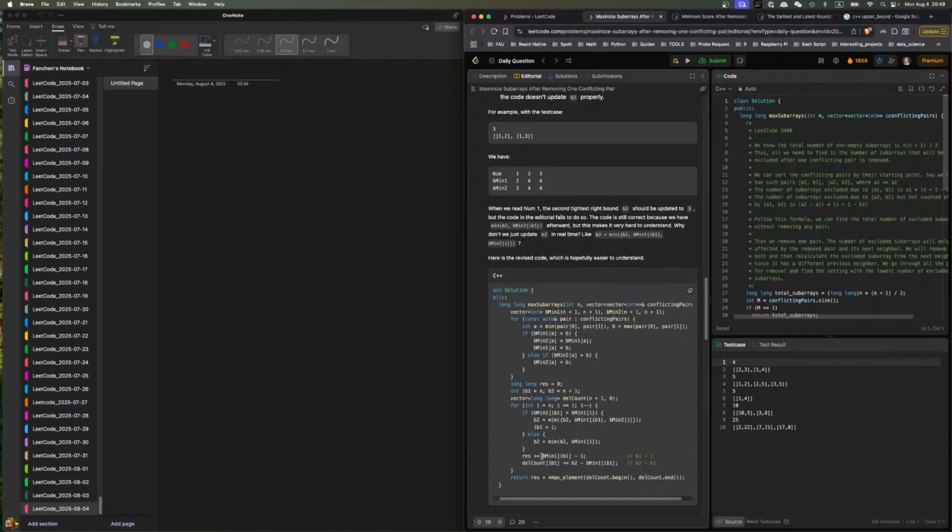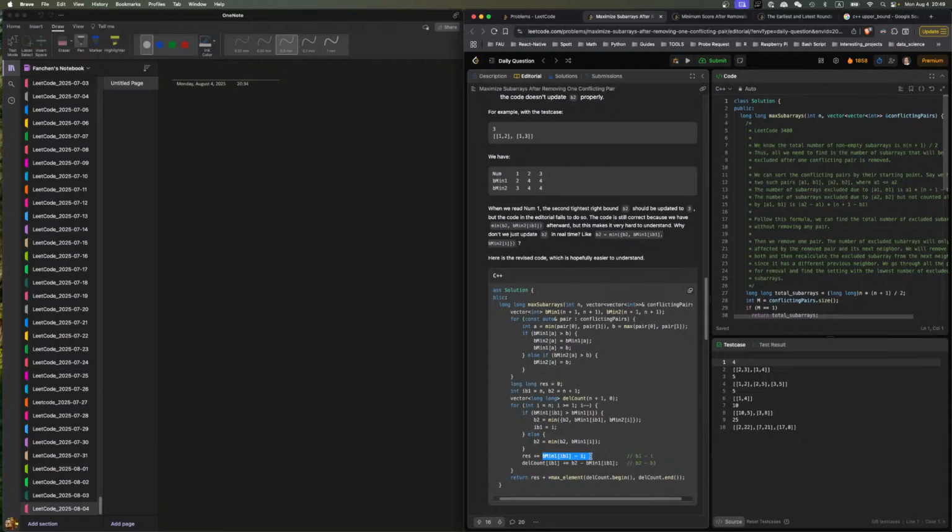And this is the total number that we can add, the number of subarrays that can be included.